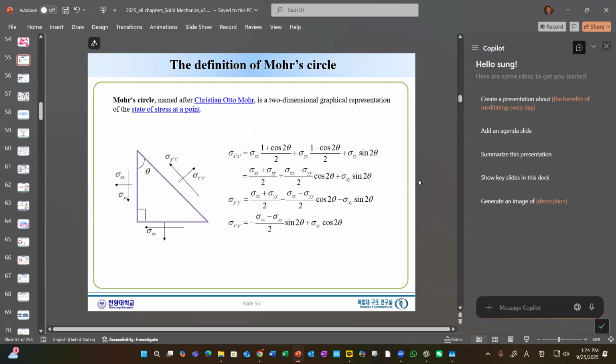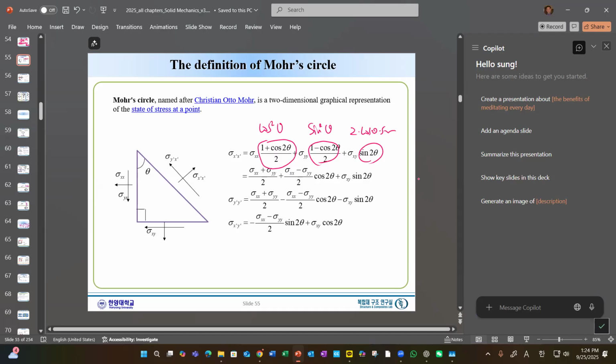Now, we like to do some mathematical manipulation, such as the cosine square theta will be replaced with 1 plus cosine 2 theta, and sine square is replaced by this. And then here we had 2 cosine theta and sine theta, and it can be replaced like this.